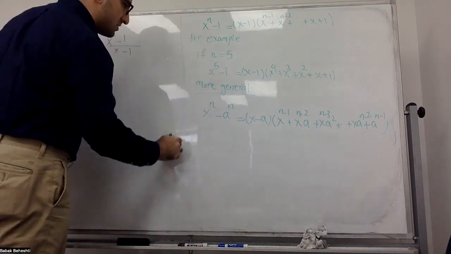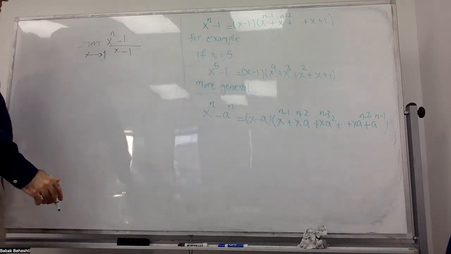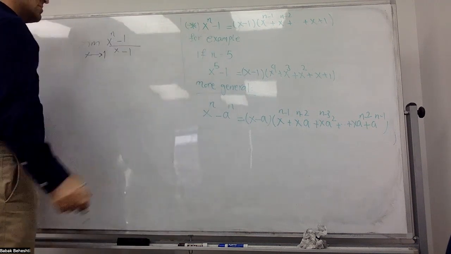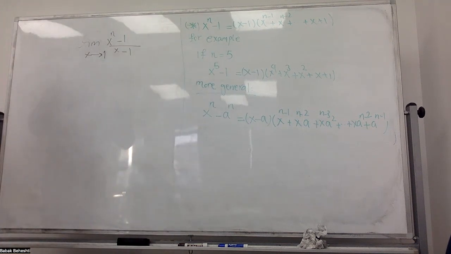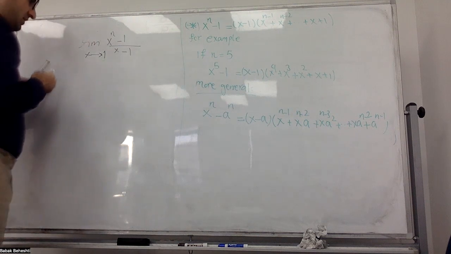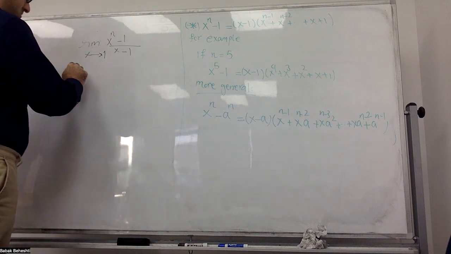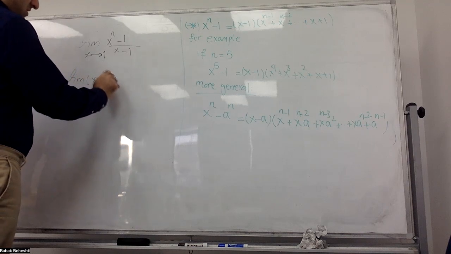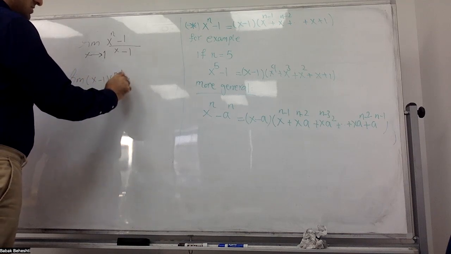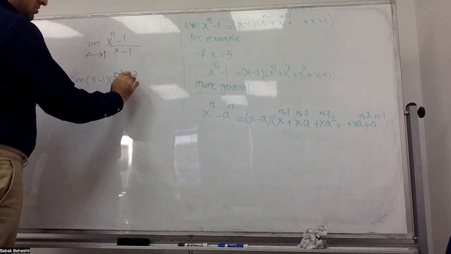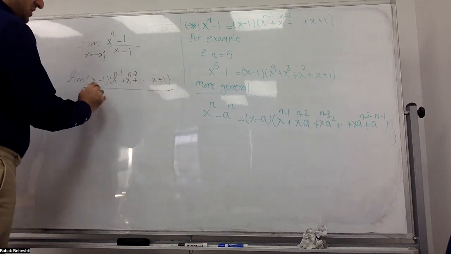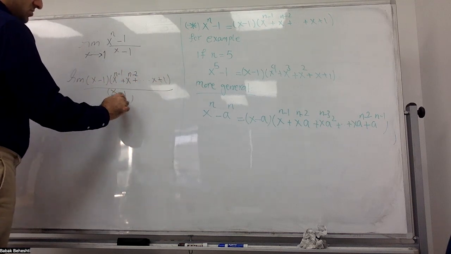So here, these are the identities we need. In particular, we need this star. So let me rewrite the top. On the top, you have the limit of x minus 1 times x to the power n minus 1 plus x to the power n minus 2 plus ... plus x plus 1, divided by x minus 1.